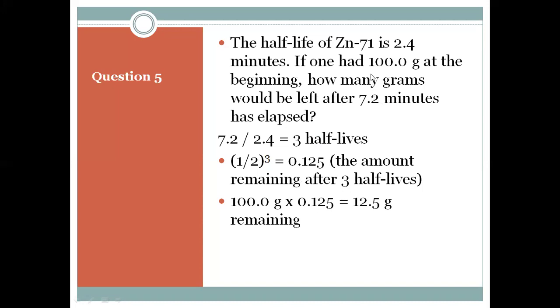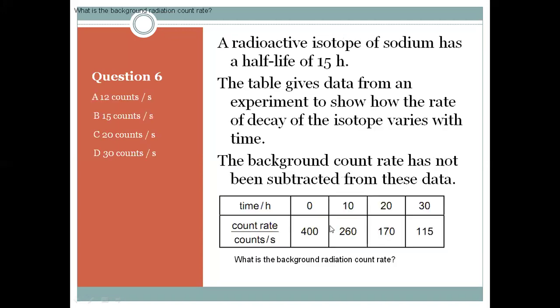So 7.2 divided by 2.4 is 3 half-lives. So 1 upon 2 raised to the power 3, or you may write 1 upon 8. 100 into 1 upon 8 gives you 12.5 gram, which remained.